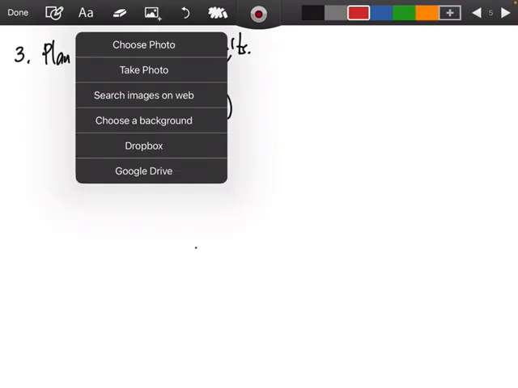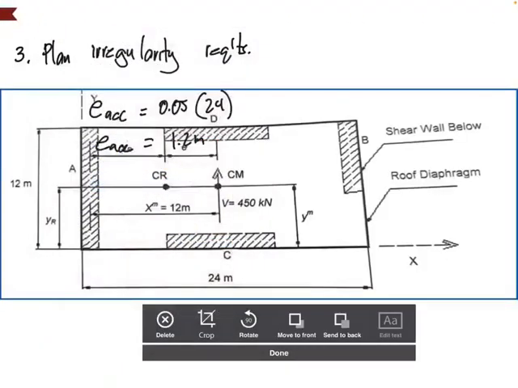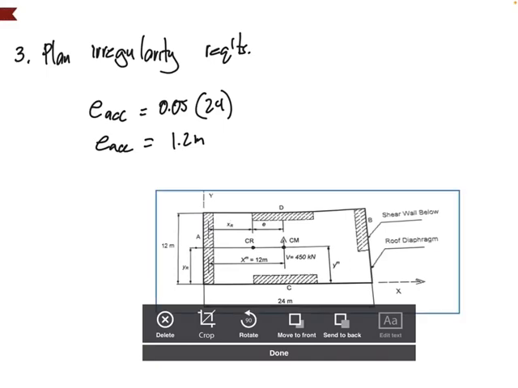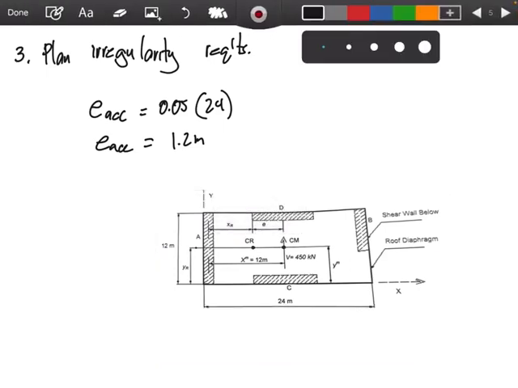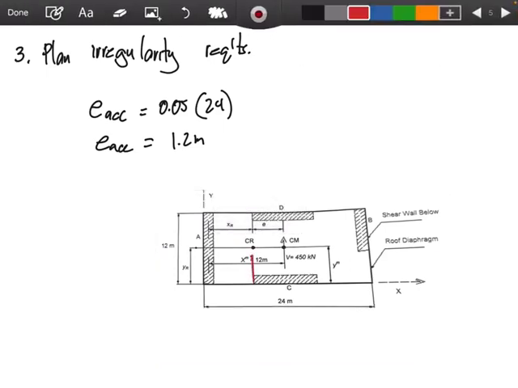Pwede nating i-transfer yung ating V dito sa ating CR. Tama? Provided that is equivalent to having V applied at the CR together with a counterclockwise torsion. So, we're going to have a counterclockwise torsion.